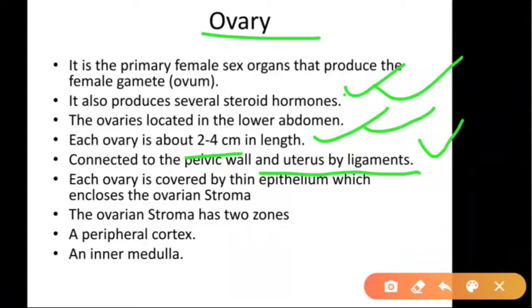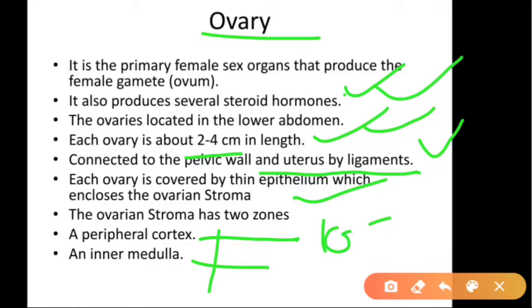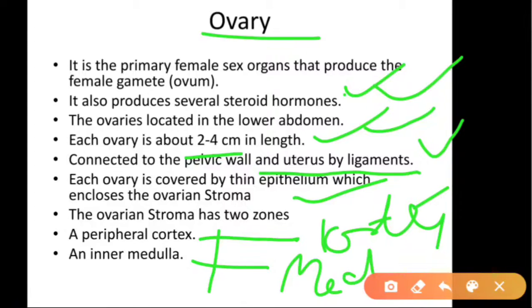Each ovary is covered by a thin epithelium which encloses the ovarian stroma, right? The ovary also contains two parts: the outer peripheral part, that is called the cortex, and the inner part is called the medulla.